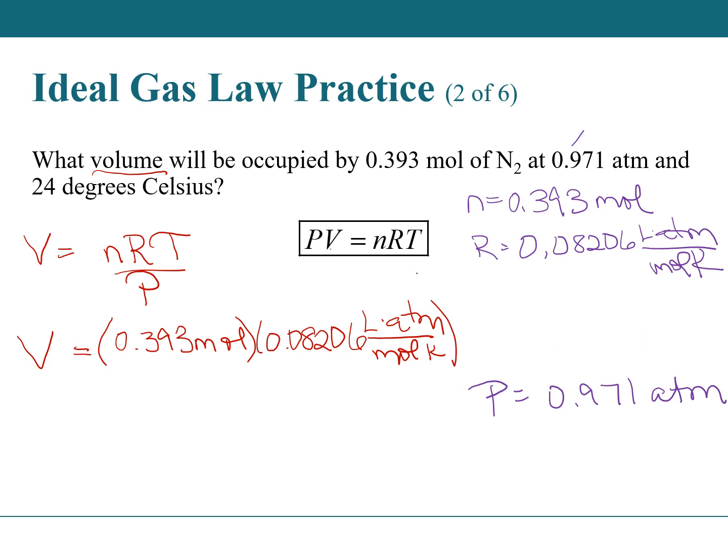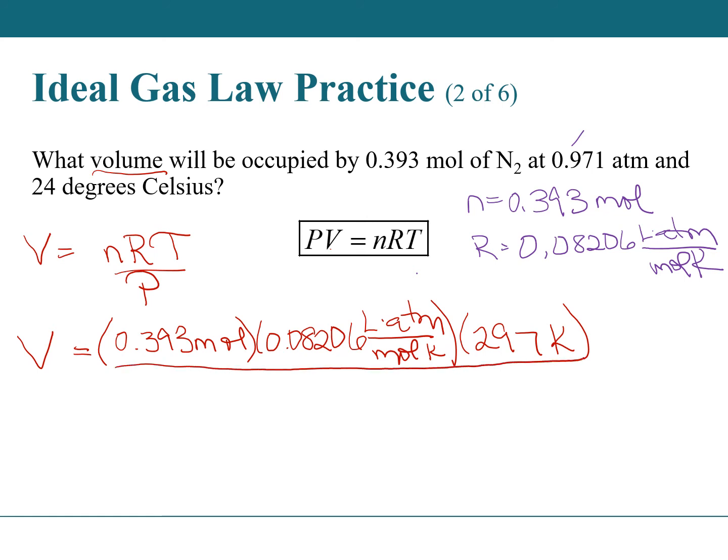So our temperature was 297 Kelvin. And our pressure, which goes underneath, was 0.971 atmospheres.